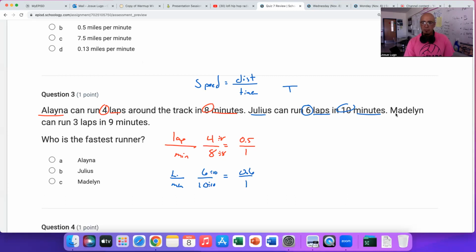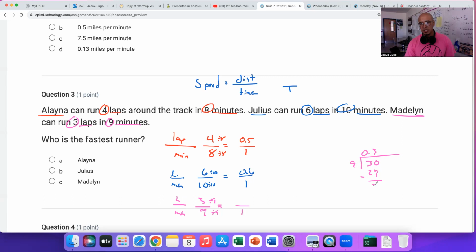Let us see Madeline. Madeline does 3 laps in 9 minutes. So for Madeline, we have her laps per minute. She's doing 3 laps in 9 minutes. But again, we want to see how many laps she's doing in 1 minute. So divide by 9, divide by 9. And so 3 divided by 9. 9 cannot go into 3, but it does go into 30 3 times. 9 times 3 is 27.